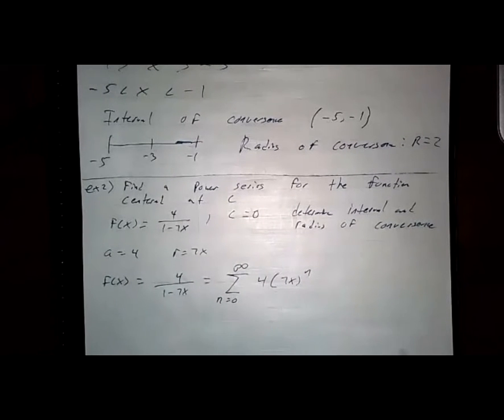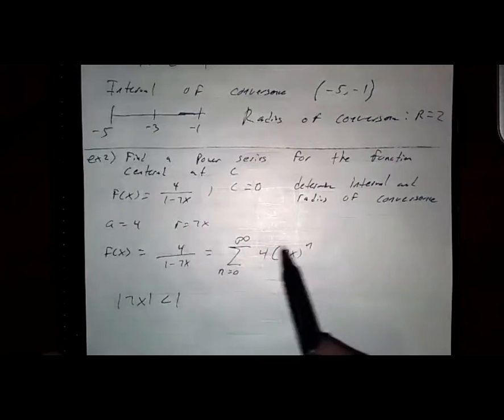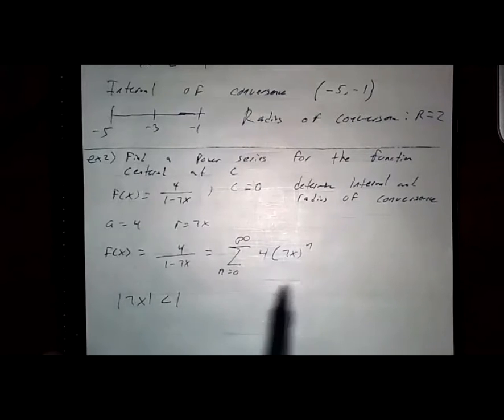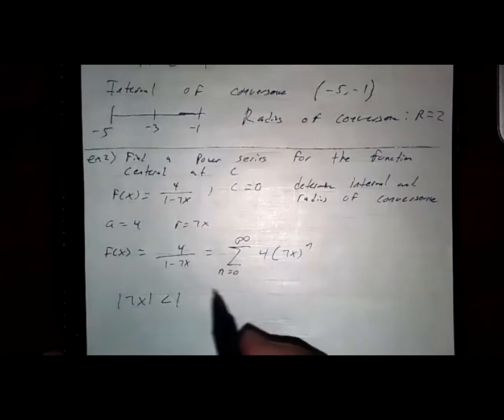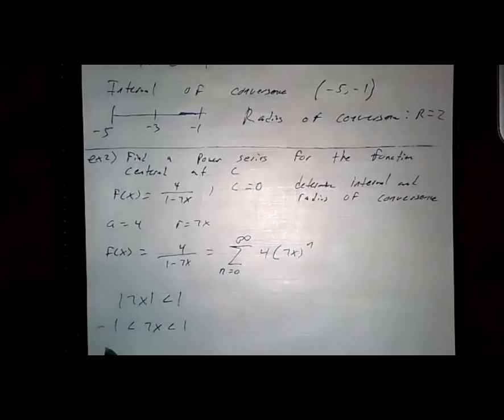So we know by the root test that once we do the root test, we're going to end up with this piece here that needs to be less than 1. Just to save some time here, you would take this part, do the root test, and you end up with this. Let's remove the absolute value, divide by 7.